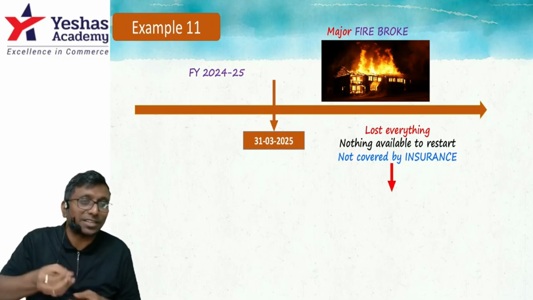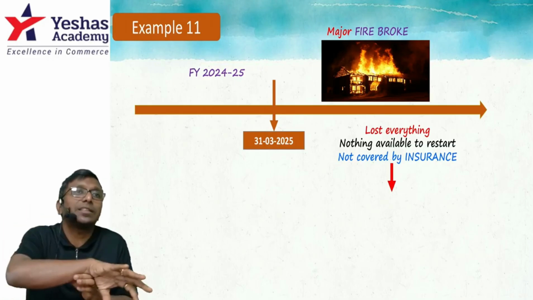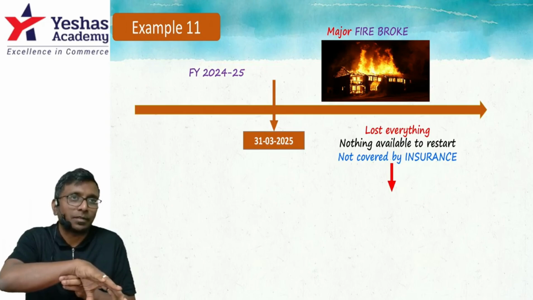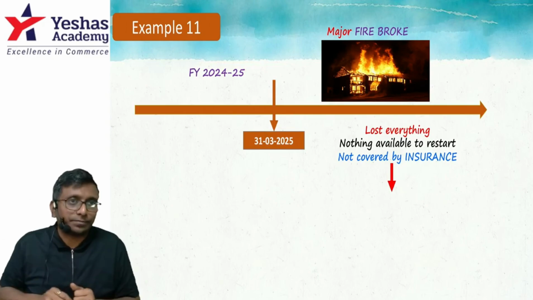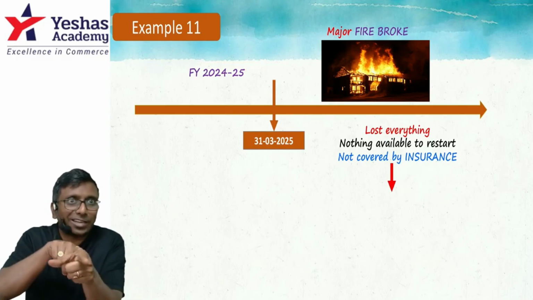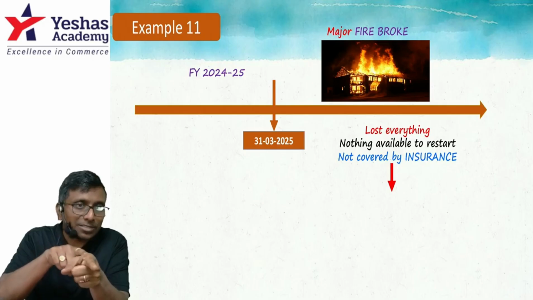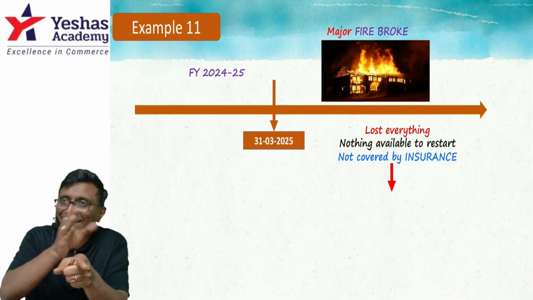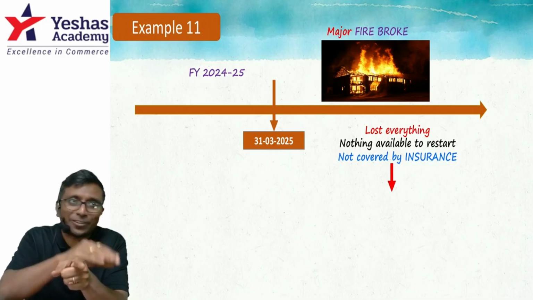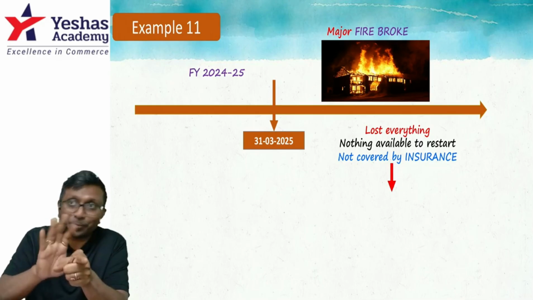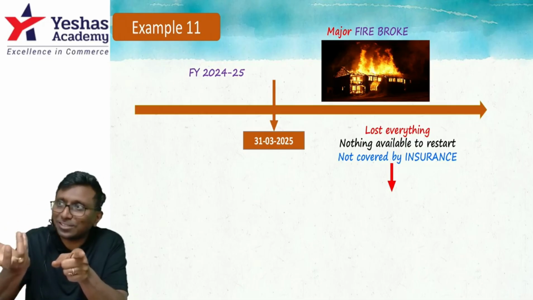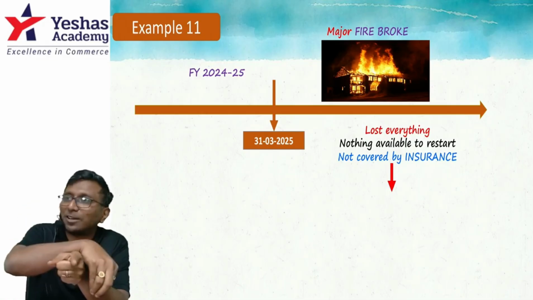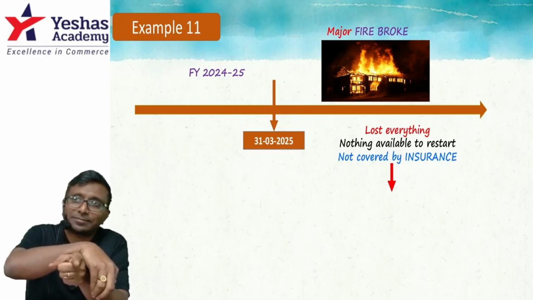Still, we should consider that such a fire accident happened already on 31st March, and then you account for it. Here also you are supposed to calculate at NRV, net realisable value. That net realisable value, before fire you will take, after fire you will take. After the fire, what was the real value? That value should come into the balance sheet date.